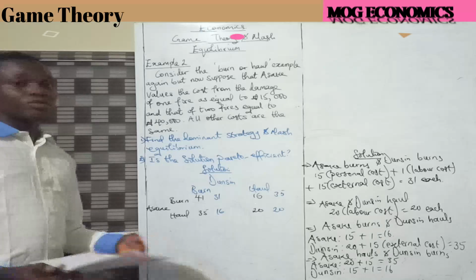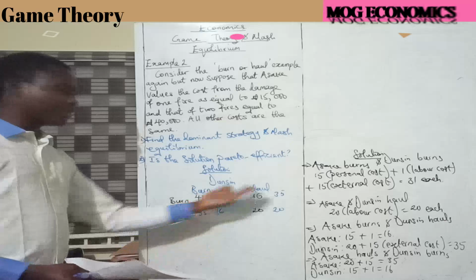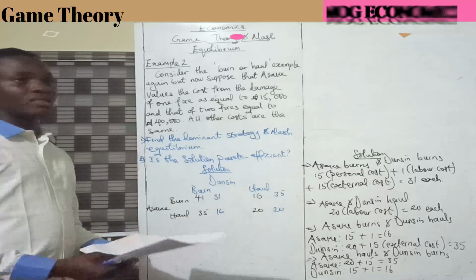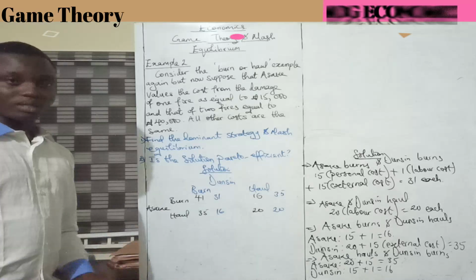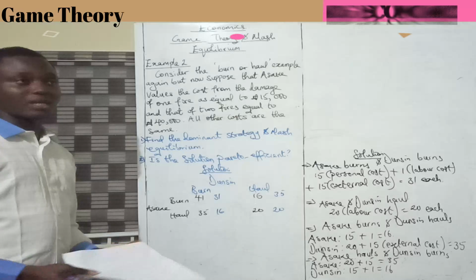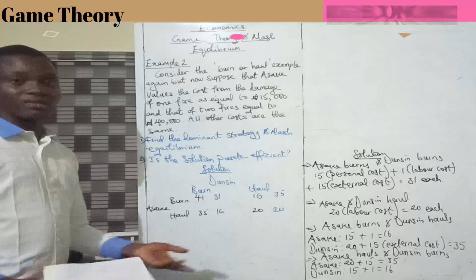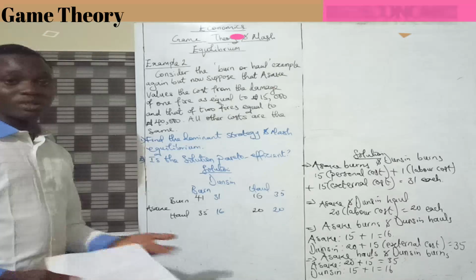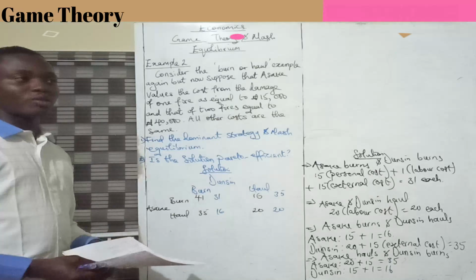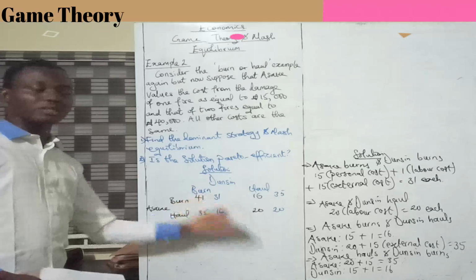In some other books, or according to some other authors, you might have this payoff matrix represented with negative signs, the negative signs depicting costs, while benefits like profits are depicted in a positive manner. So instead of 41, you have minus 41, minus 31, minus 35, minus 16, and so on.